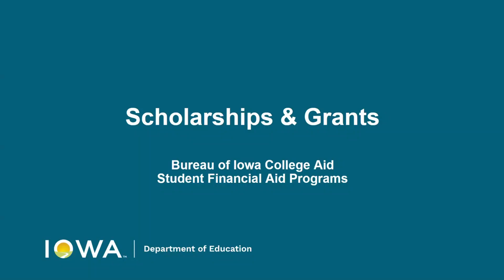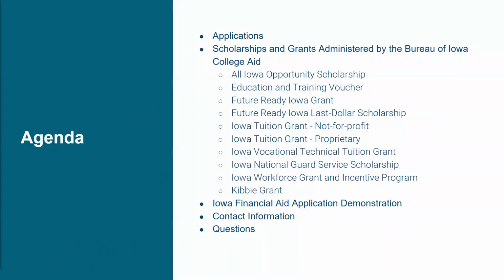Thank you, Jessa. Since she already introduced me, I'm just going to jump right in and give you a brief overview of our agenda for this evening. I'm going to start out by talking about the two applications that we use at Iowa College Aid to determine eligibility for our scholarship and grant programs.